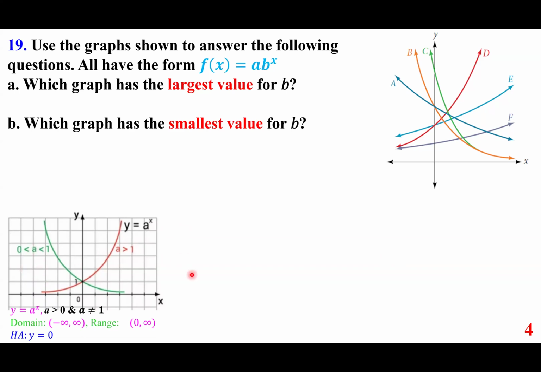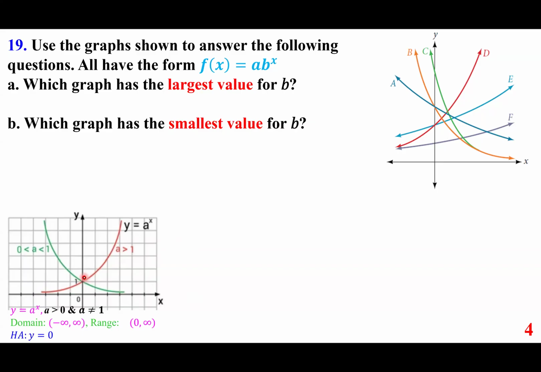Domain, I hope you see that the domain is all real numbers. Range, it can go from 0 to infinity. It can't even reach 0, this is a horizontal asymptote. HA, short for horizontal asymptote, has the equation y equals 0 because the x-axis has the equation y equals 0.